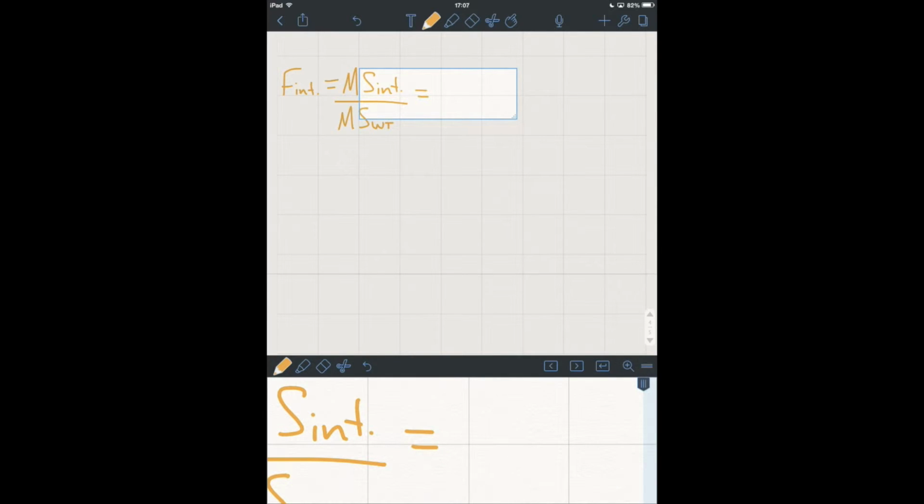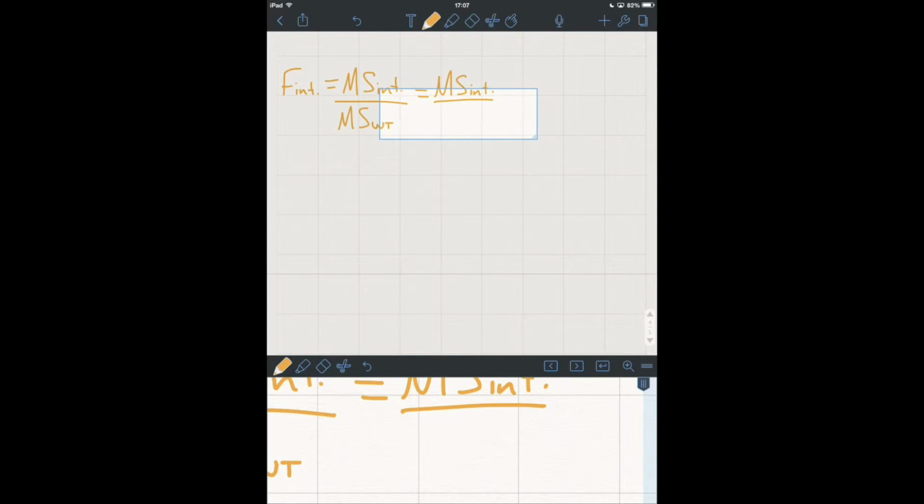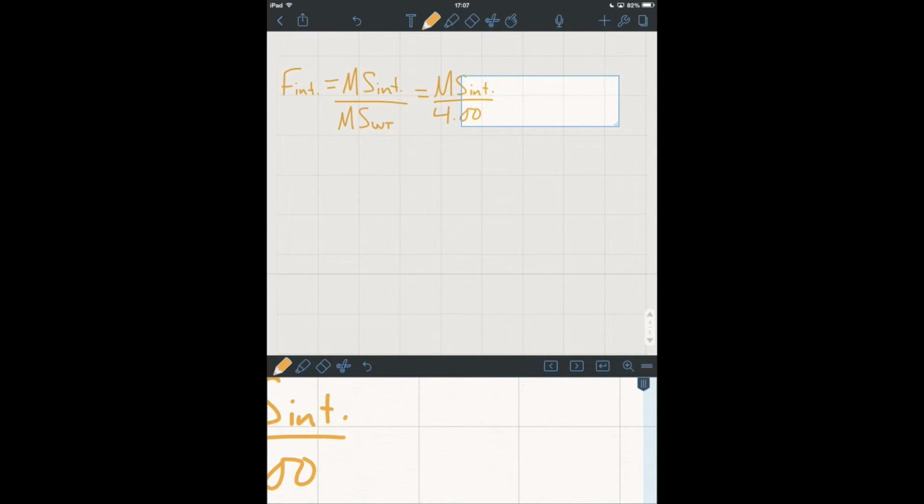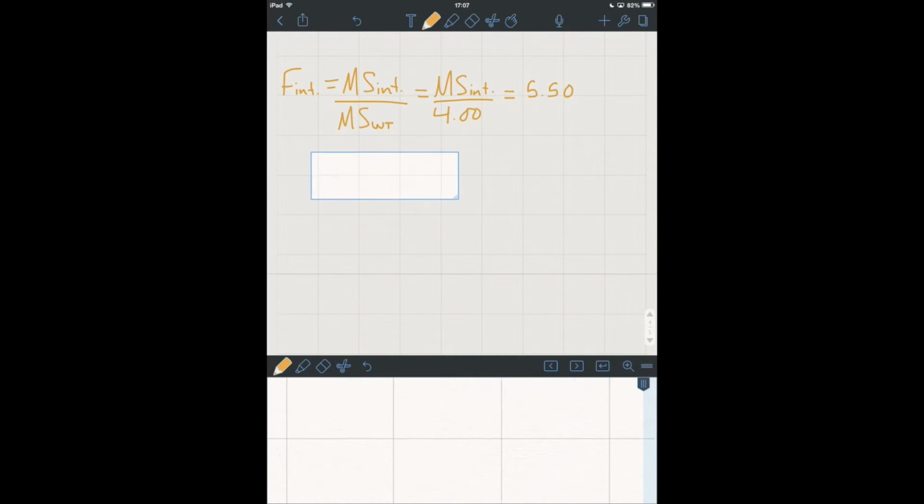And that equals MS interaction, and we know MS within is 4.00, so we're going to just substitute that in right now. And then we know that the F interaction is 5.50, so we just need to solve for MS interaction.